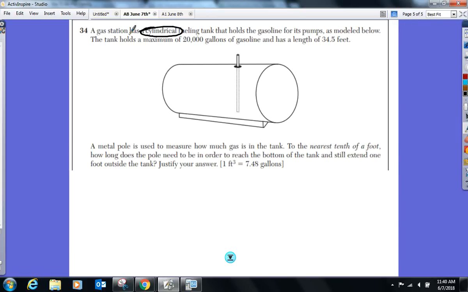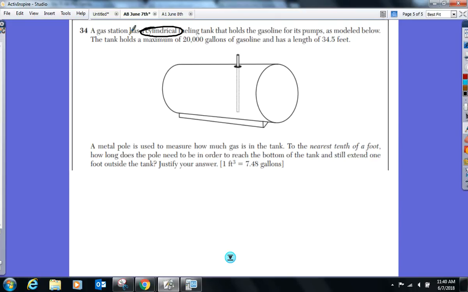Holds gasoline. The tank holds a maximum of 20,000 gallons and has a length. A metal pole is used. How long does the pole need to be in order to reach the bottom of the tank and extend 1 foot outside? And they give us a little conversion here for a reason. 1 cubic foot equals 7.48 gallons.